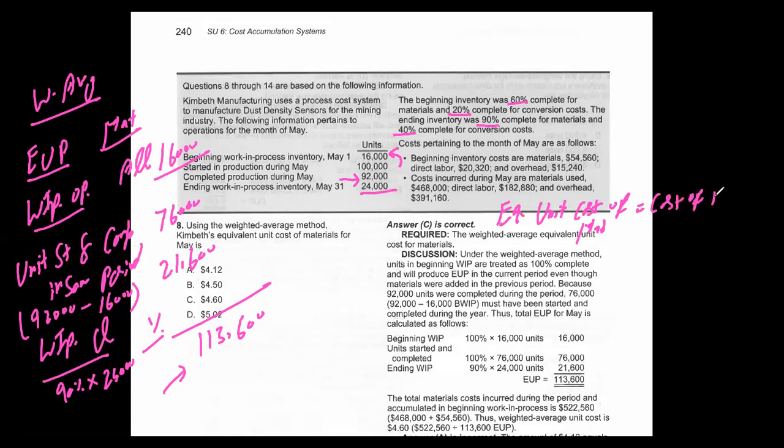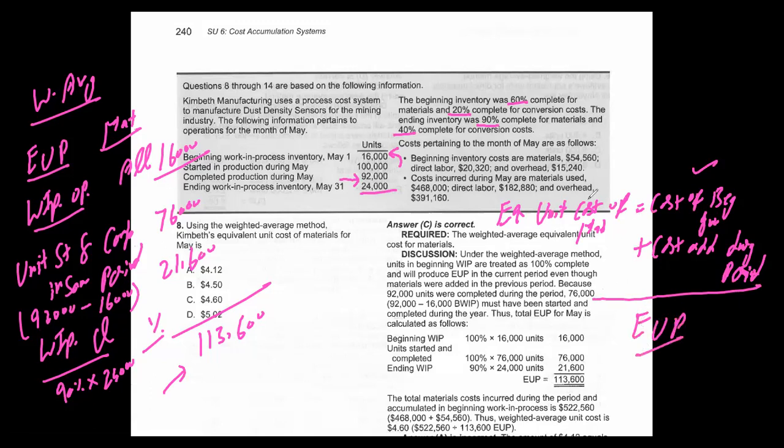Cost of beginning inventory plus cost added during period. How much we have for the beginning and how much we added during the period, dividing by equivalent units of production.